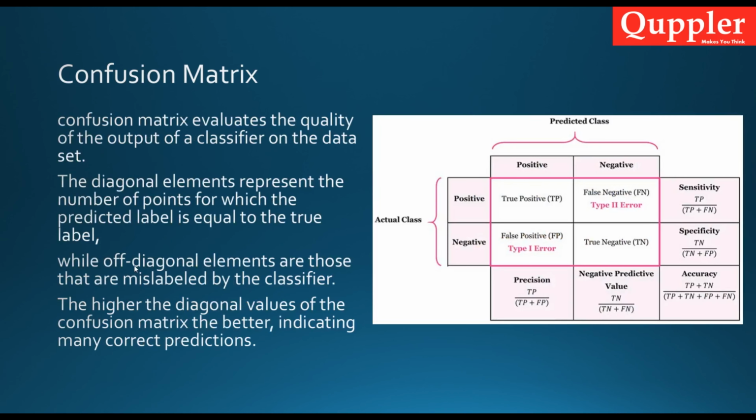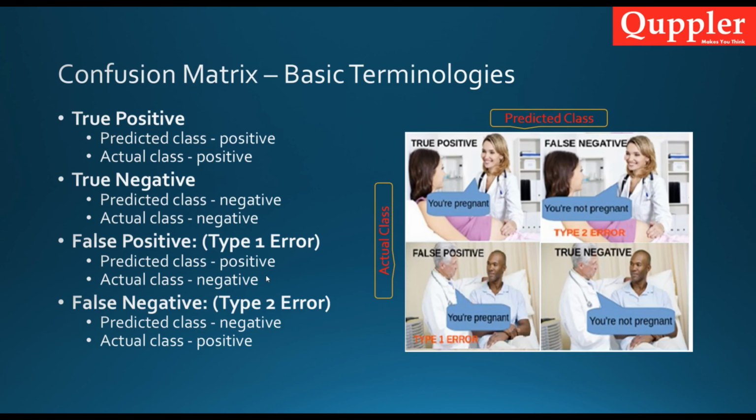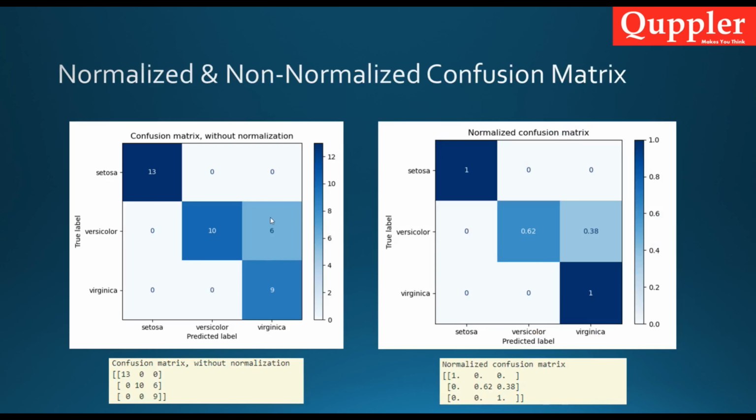If we see the off-diagonal elements, those are the ones which have been mislabeled by the classifier, while these have been predicted correctly. So the number of values predicted correctly is 10.